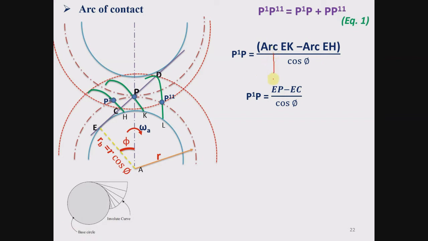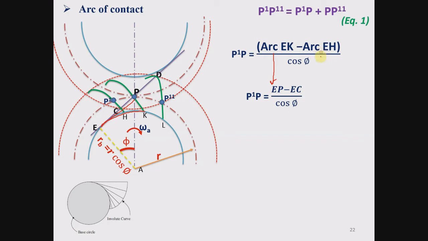I have written EP for arc EK because, going by the property of involute, the length of arc EK is equal to distance EP, which is generating the involute passing through P. This is the property of involute.